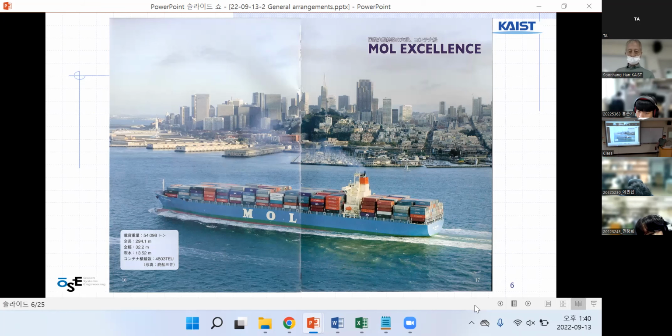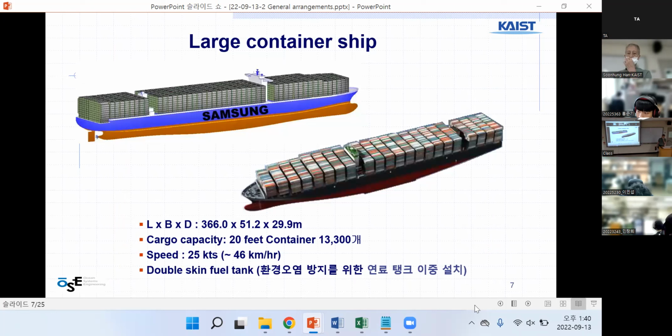Yeah, in the scene it looks like New York. And a large container ship compared to the previous one. This is an idea sketch coming from computer graphics. Samsung has a designer. Length is not so much longer than the previous one, but breadth is 51.